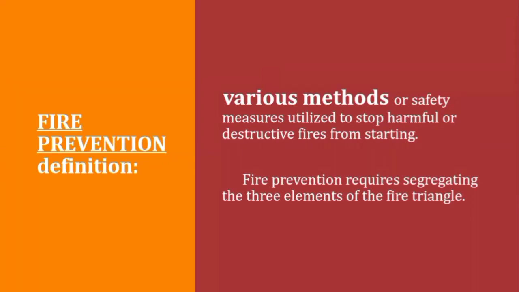So you need to remove one of the elements of fire so that the fire will not occur. What is the purpose of fire prevention? Why do we need to have fire prevention plans, programs, or strategies?